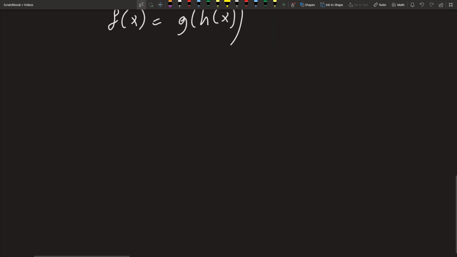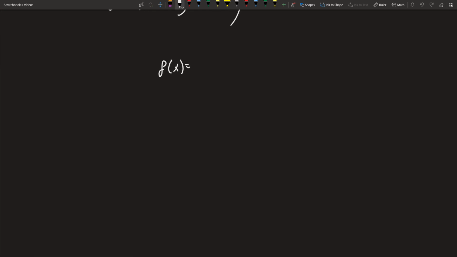For example, let's say that you have f of x is equal to the square root of x squared plus 1. We can split this function into two parts and put one into another. So let's define g of x is equal to the square root of x, and h of x is equal to x squared plus 1, right?